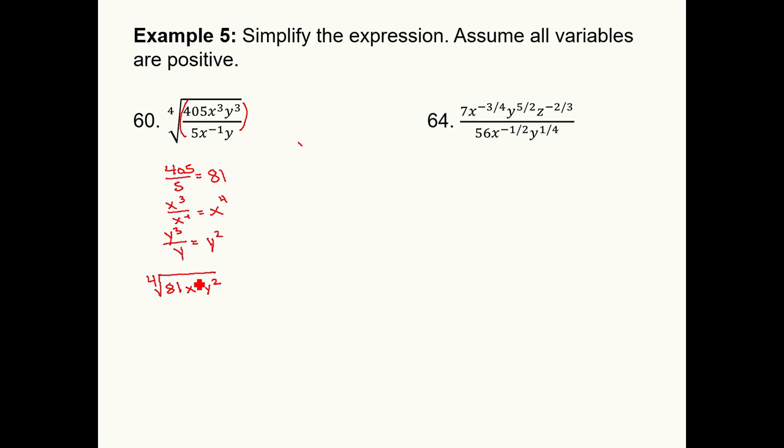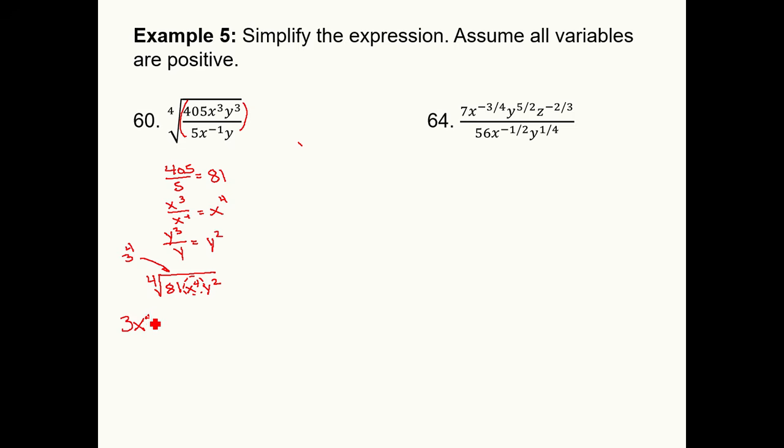All right, well, I do see one perfect fourth power underneath my fourth root, so I can free that x. The root will cancel out the power there and just make an x. 81, we've already seen this a little bit earlier. 81 is 3 to the fourth power, so that's also like taking the fourth root of 3 to the fourth. Again, the root cancels out the power.